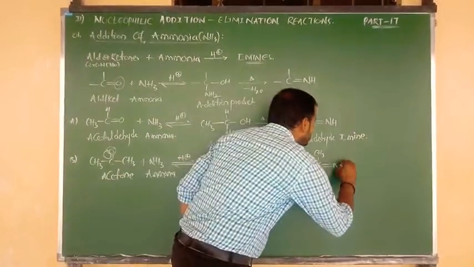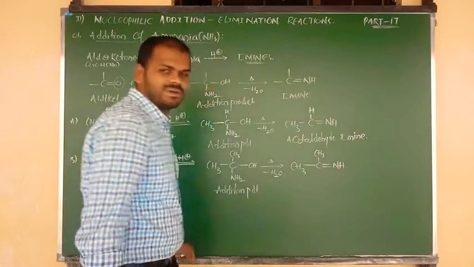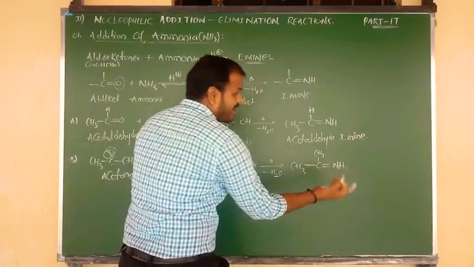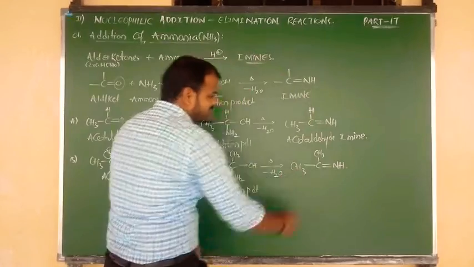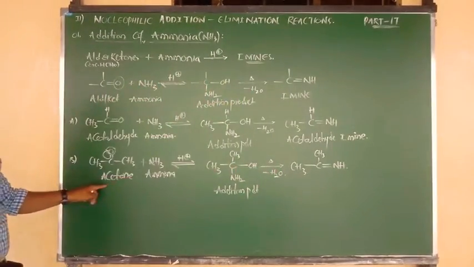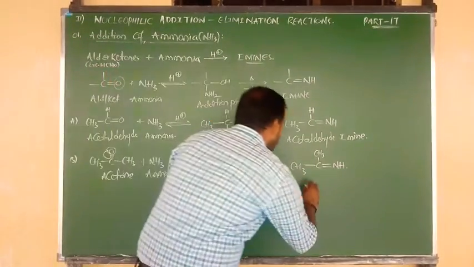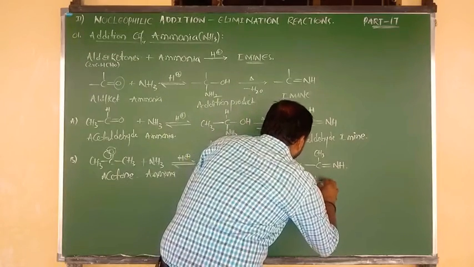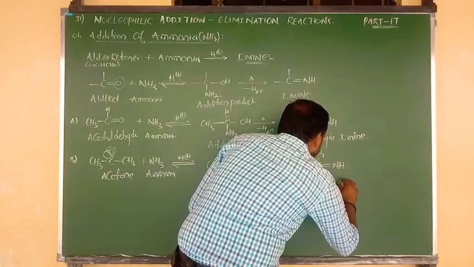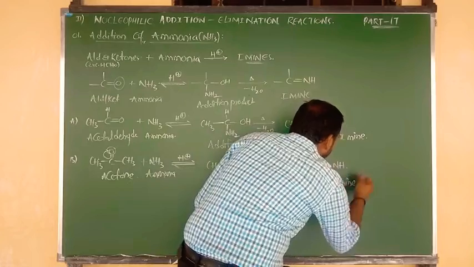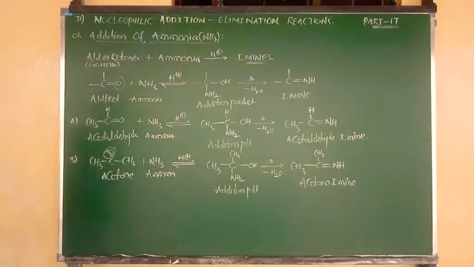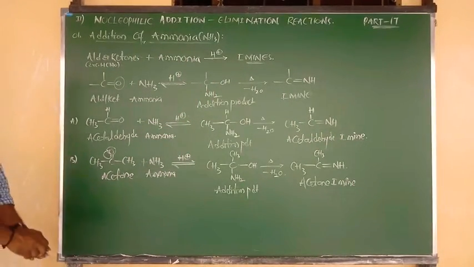Now we have C double bond NH. Again it is an imine, but this imine comes from acetone. So the product name is acetone imine. Like that we have to write the answers. Okay, good.